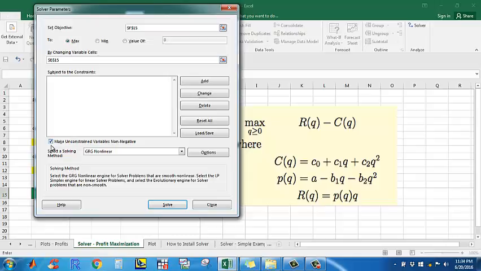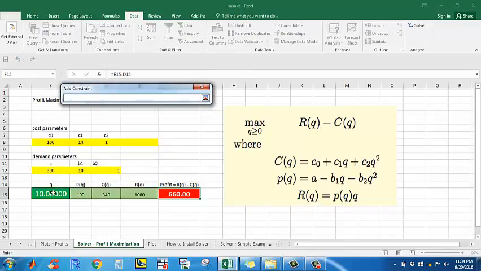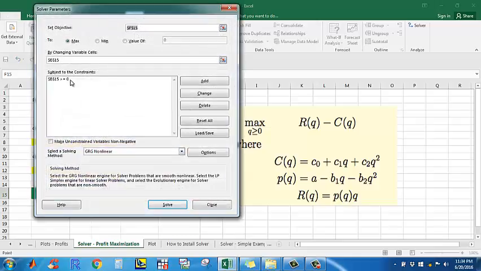Alternatively, we could uncheck this and we could add Q greater than or equal to 0 as a constraint. How do we do that? We just say cell reference Q must be greater than or equal to 0, and we do OK. But this constraint here is equivalent to not having this constraint and having this option as checked.